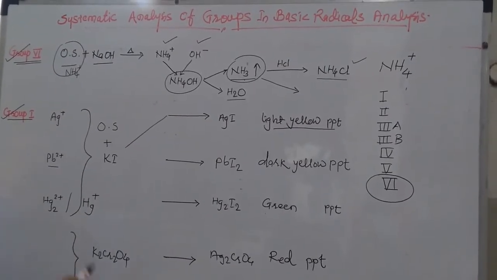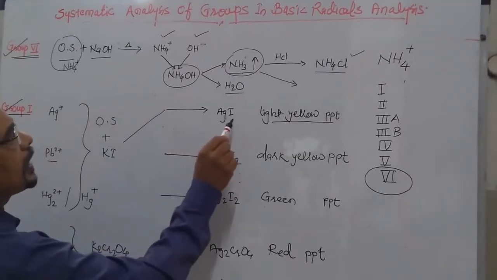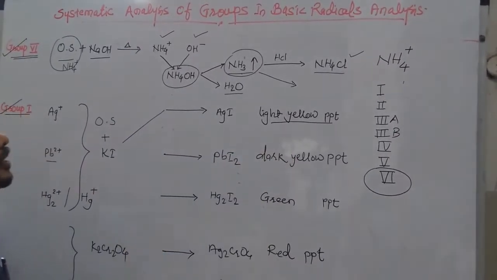Similarly, if Ag plus is not present, then this type of precipitate will not be formed.